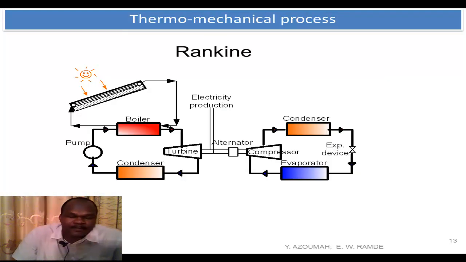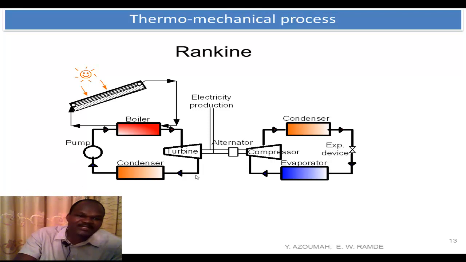So aside from the solar PV cooling systems, which use electricity coming from solar PV, we have the thermomechanical process. Thermomechanical means you use heat to create mechanical power. That's all. So here you have two loops.